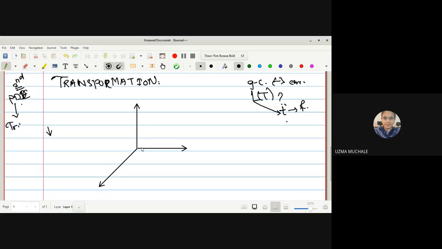Now if I am going to have the rotation of, say, this is the x-axis, y and z-axis.